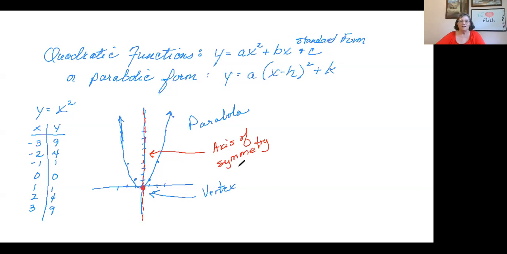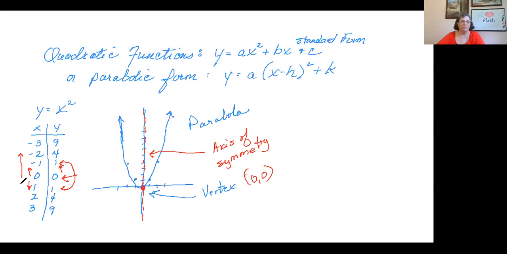Now, in this case, the vertex is the point 0, 0. You can see that this is right in the middle of things, and when you go to x values that are the same distance, you get matching y values.